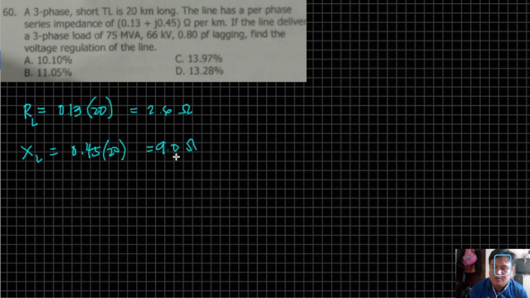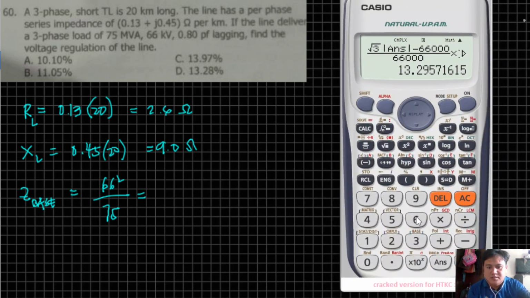Okay. Then we need to get the base impedance. So the base impedance equivalent to kV base squared over MVA base. So you have 66 squared divided by MVA na 75.